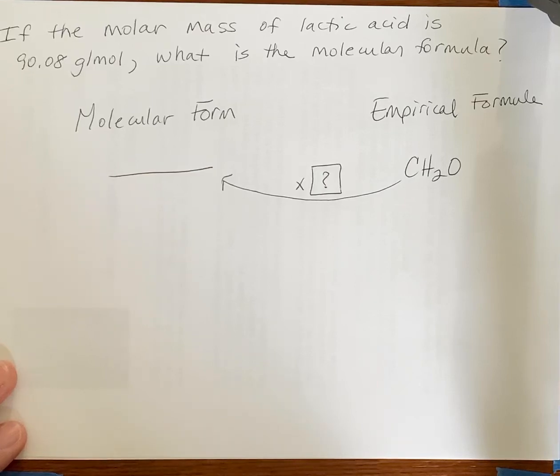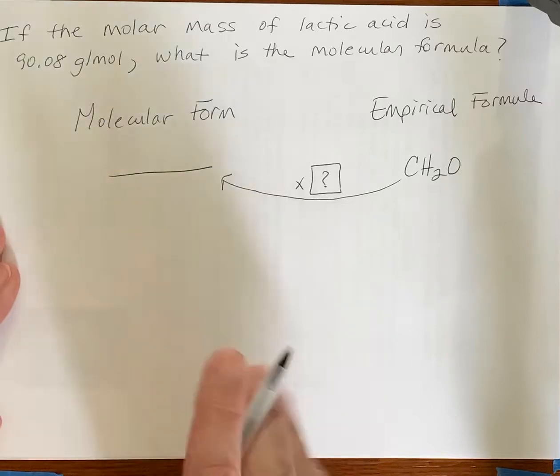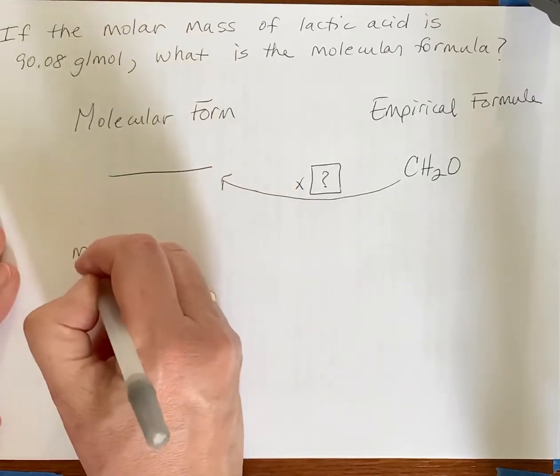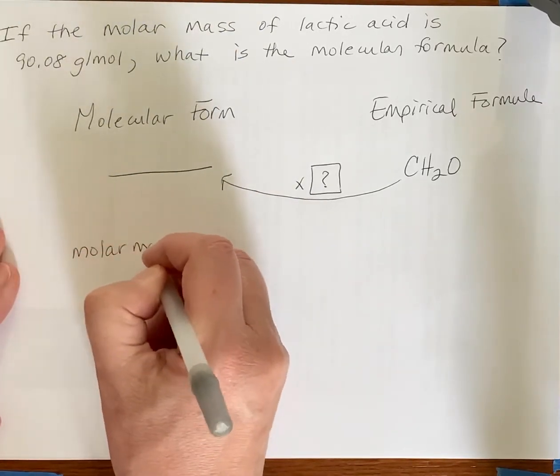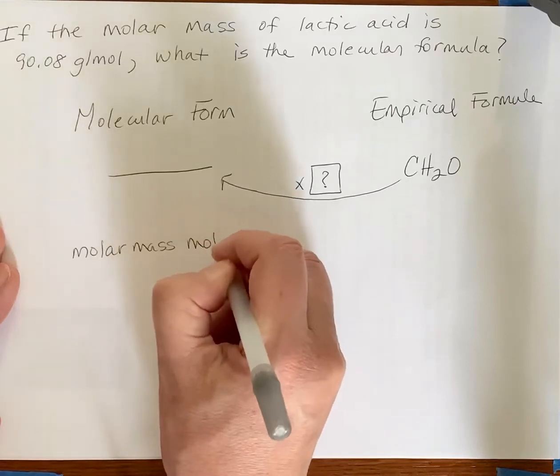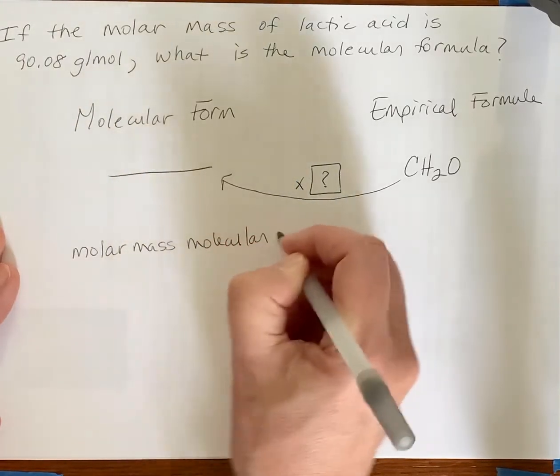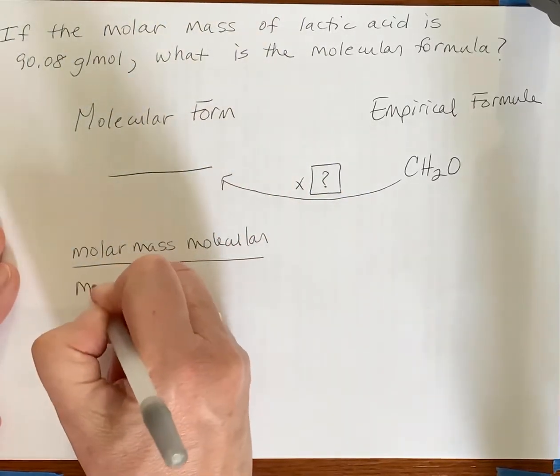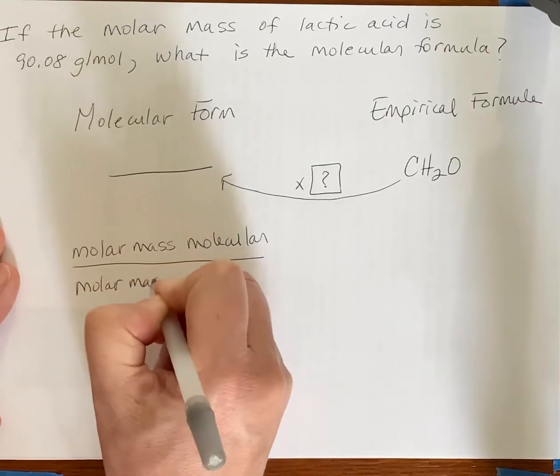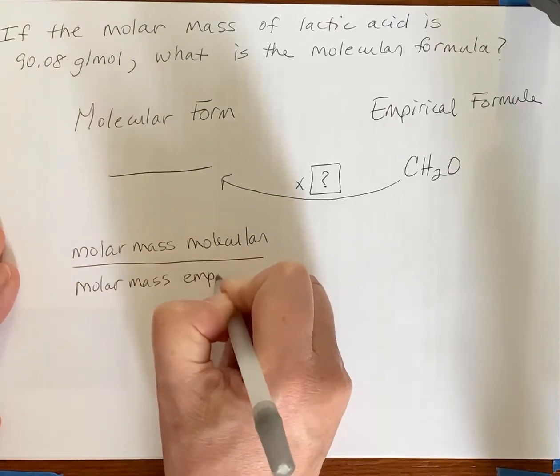So I need 2 pieces of information in order to do that. I need the molar mass of the molecular formula and I need the molar mass of the empirical formula, and I'm going to divide them. So I'm going to take the molar mass of the molecular formula and divide it by the molar mass of the empirical formula.